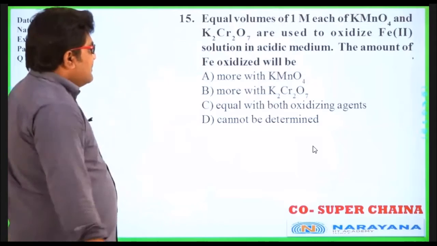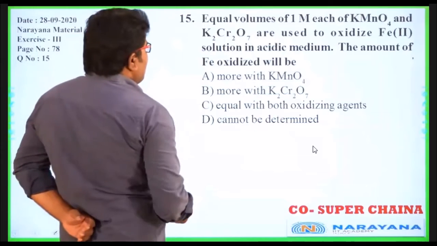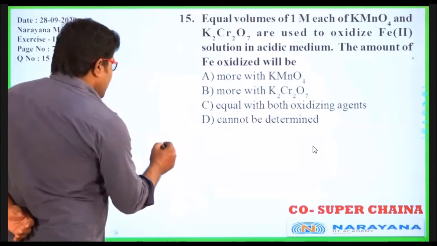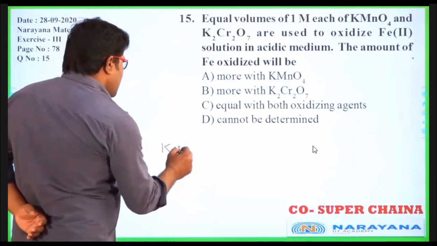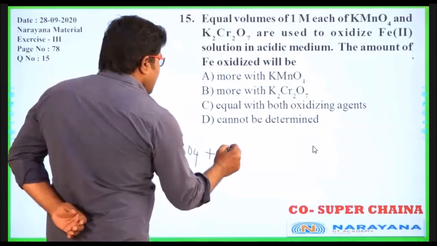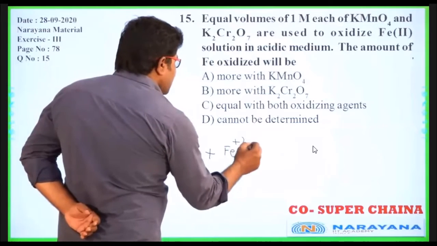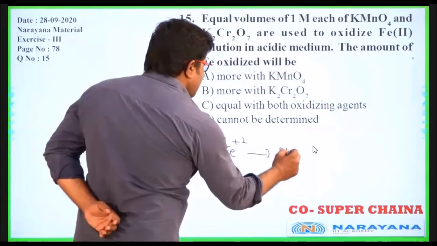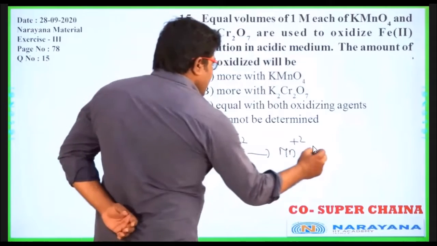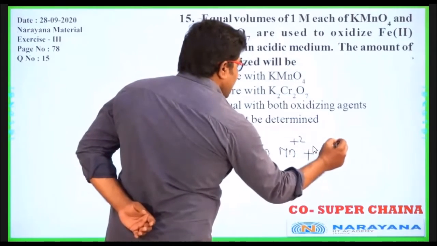See here, whenever 1 molar of each solution, if you take KMnO4, Fe plus 2 in acidic medium will convert to Mn plus 2 and Fe plus 3.